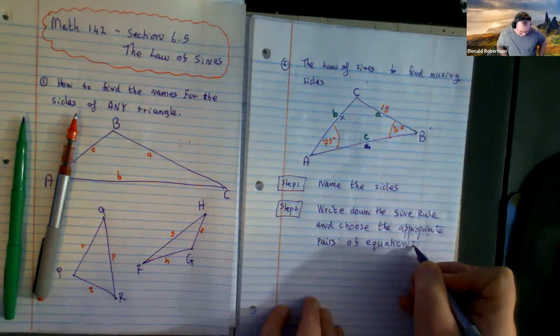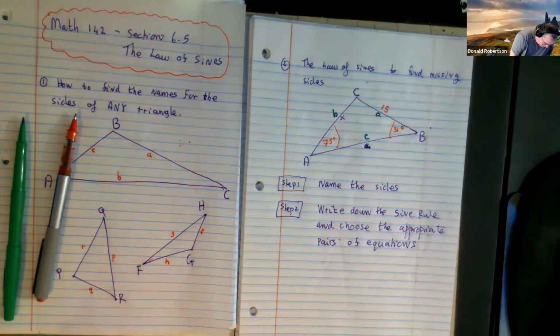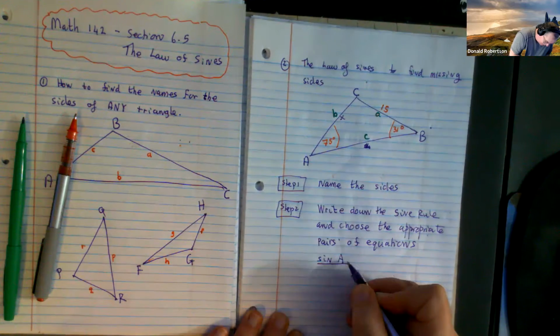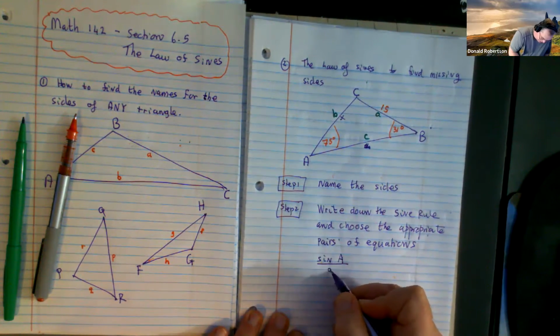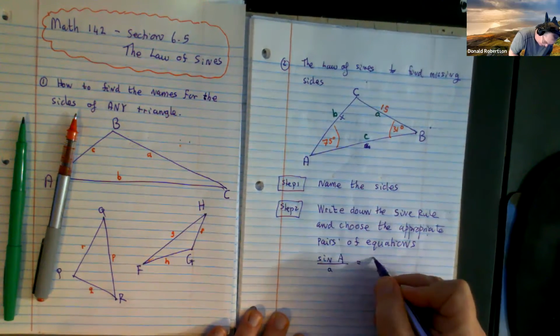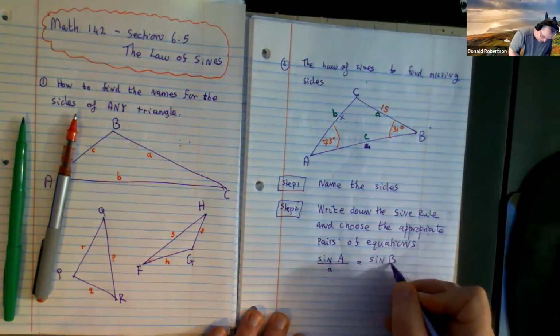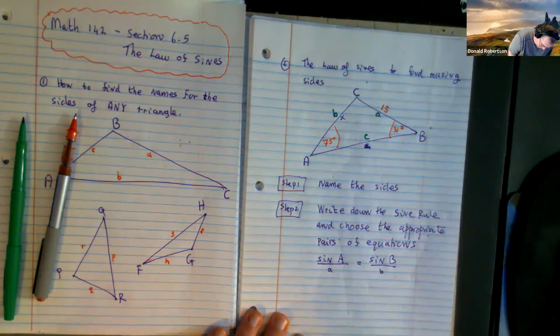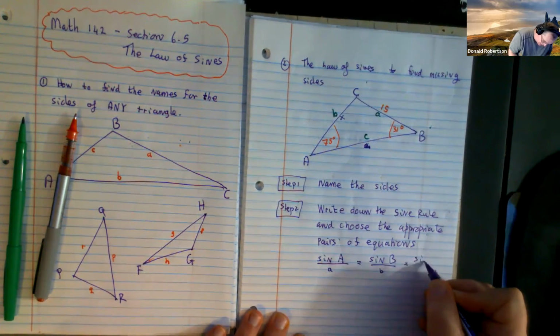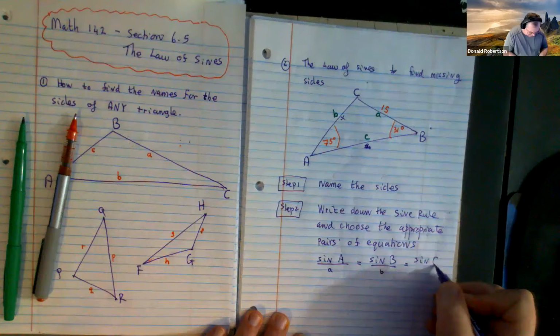The sine rule looks like this, also called the law of sines. The sine of angle A divided by the side little a is the same number as the sine of angle B divided by the length of side little b, and that's the same number as the sine of angle C divided by the length of little c.